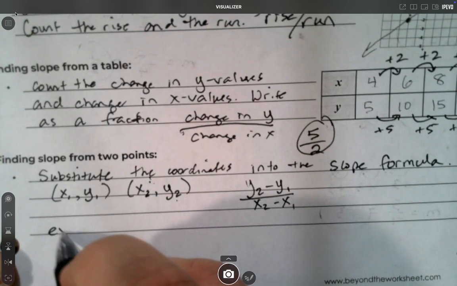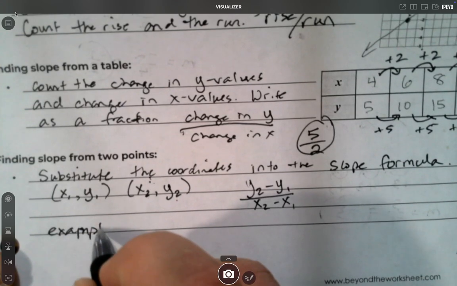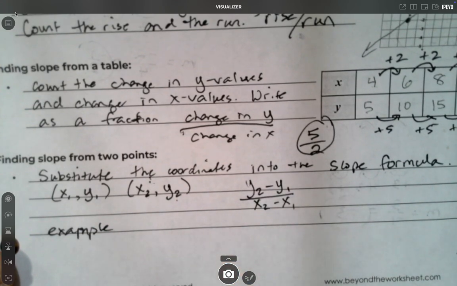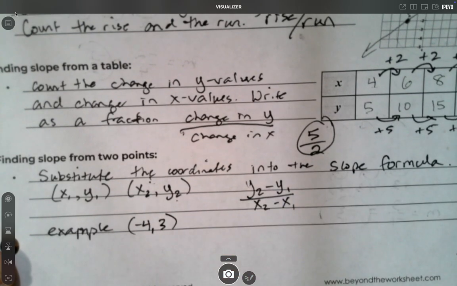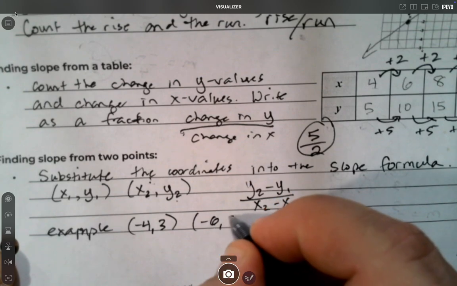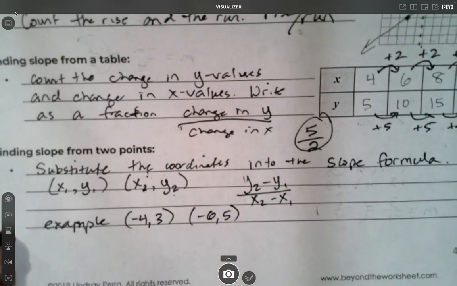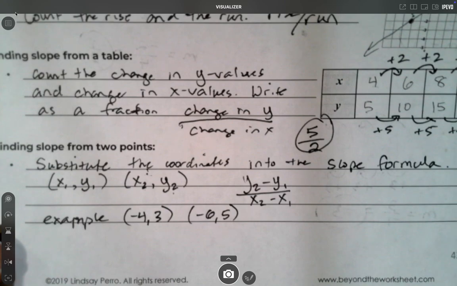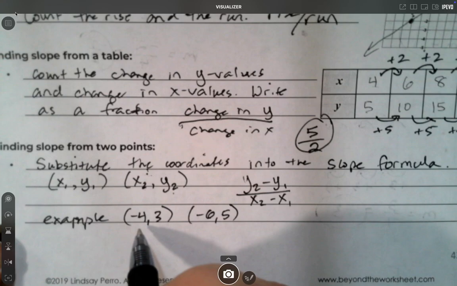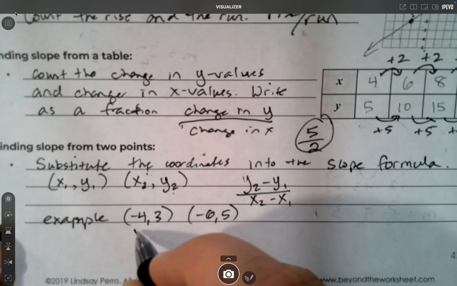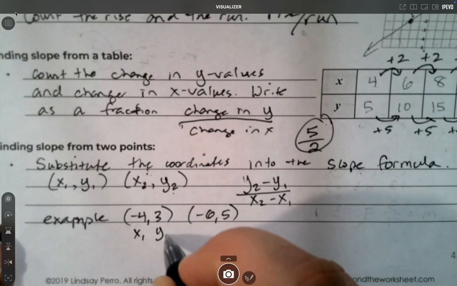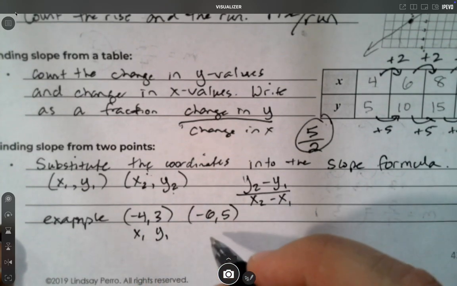So here's an example, and then we will try the two on the back. Let's say we were given the points -4, +3, and -6, +5. You don't have to label them like I'm about to every time you do this, but I think it's helpful as we're learning to make sure we know what's what. So this is our first point. I'm only calling it the first point because it's listed first. This is the x value, so it's x1. This is the y value, so it's y1. This is the x value, so it's x2 because it's from the second point.